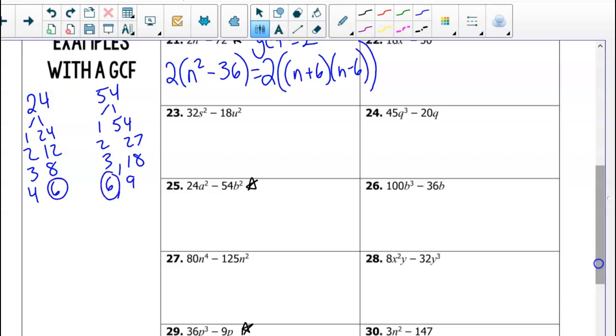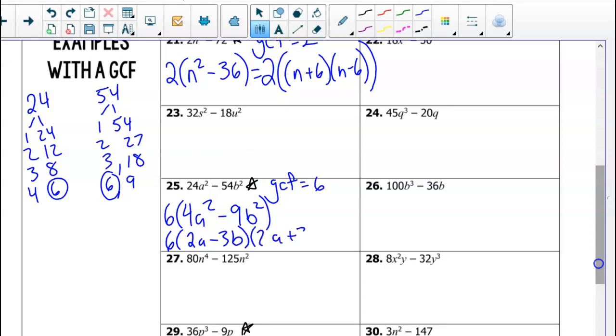So the highest number I can take out of both is 6. Which would leave me with 4a squared minus 9b squared. Well, now I have perfect squares because 4a squared, 9, and b squared are all perfect squares. So that would leave me with 6 times 2a minus 3b and 2a plus 3b.